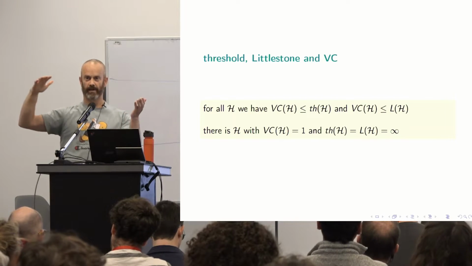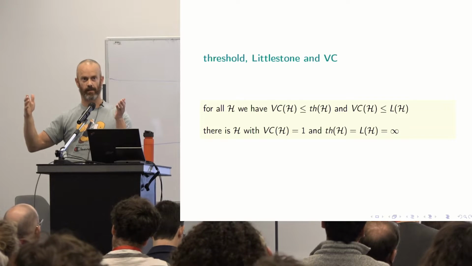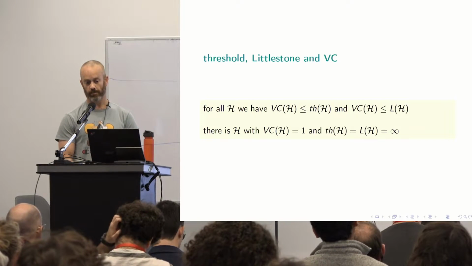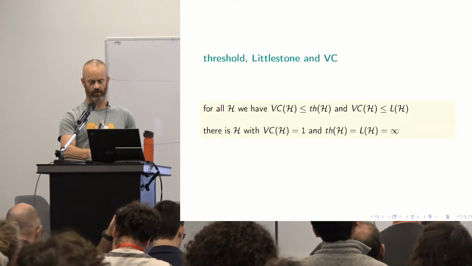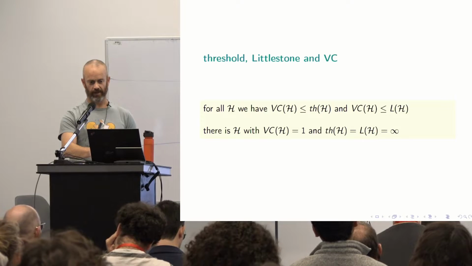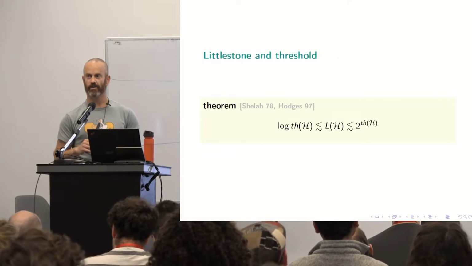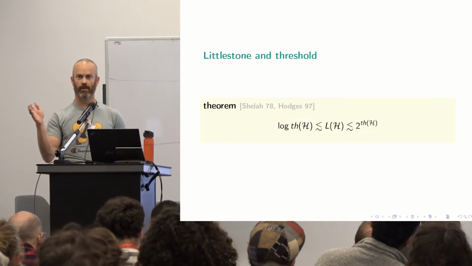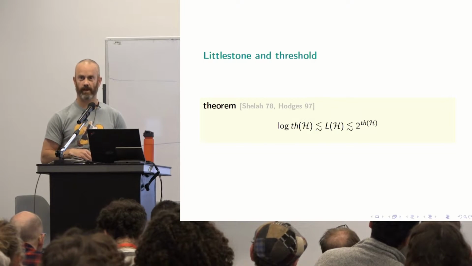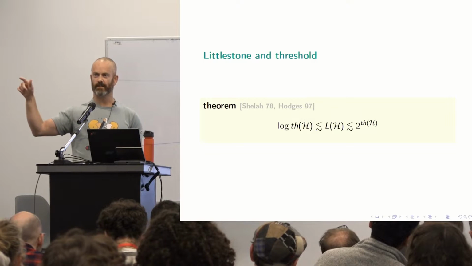So there is no comparison between the VC dimension and these two dimensions. So these are just two simple facts. And a less simple fact is that the threshold dimension and the Littlestone dimension are equivalent in this numerical sense. So the tilde is some constant.